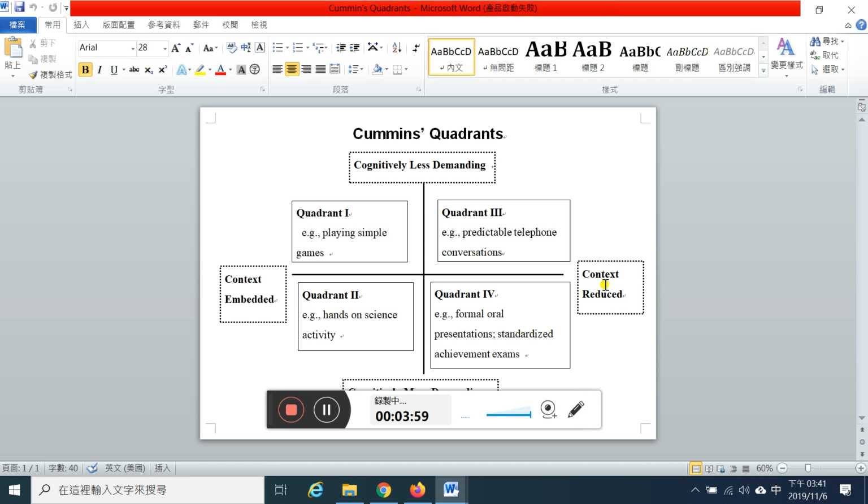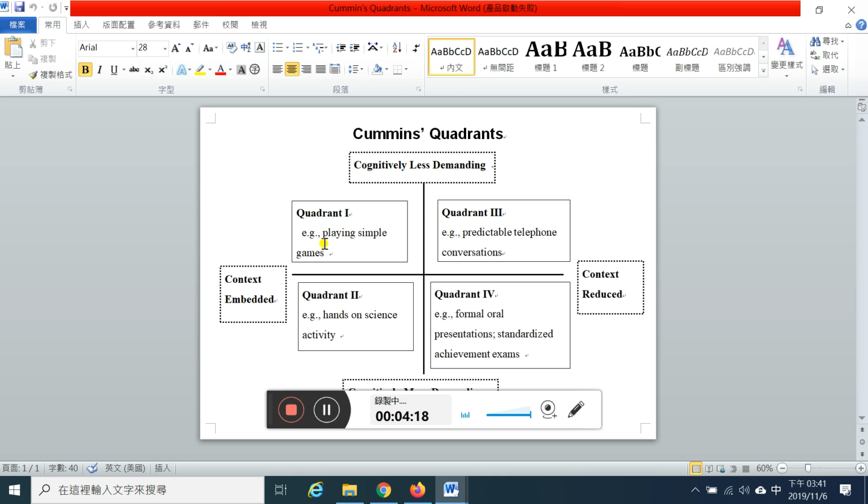You cannot interpret from their facial expressions. Or you have no support from first language, no support from pictures, objects, or a dictionary. So we call it context reduced.